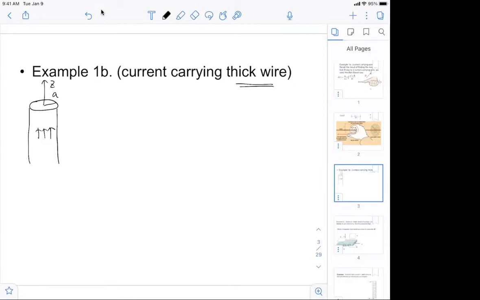We call it current density J. We have uniform current density J, that is J naught in the z direction, everywhere inside the wire. Outside, of course, you don't have any current, so zero current density. Okay, so the only difference is now the wire is thick. So let's do Ampere's law.